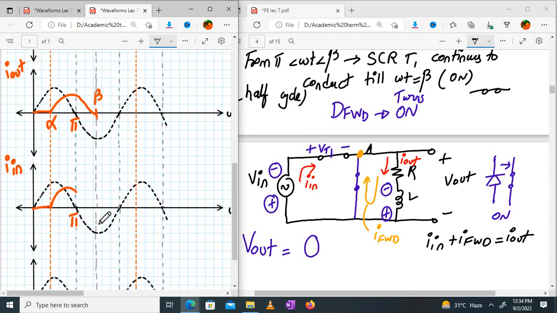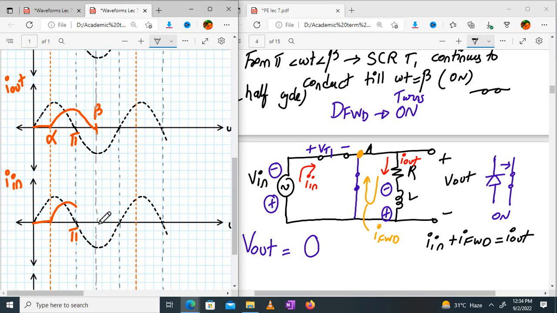Okay. Now, what happens to IN now in this case? What you were saying? IN will become 0 or it will sustain? It will continue.